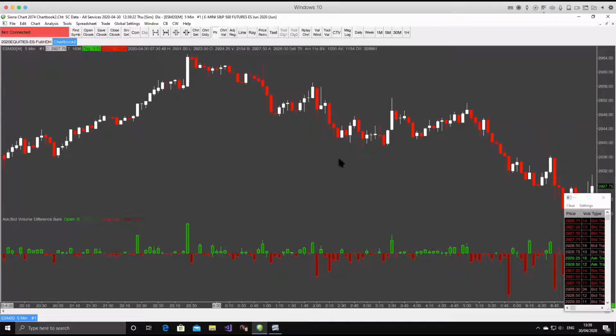Less supply as price is going down, it's horizontal exhaustion until such point as things change, and it changes in this candle here, which has the big positive delta. And in seeing that, I can see that this strong positive delta candlestick coincides with this one.